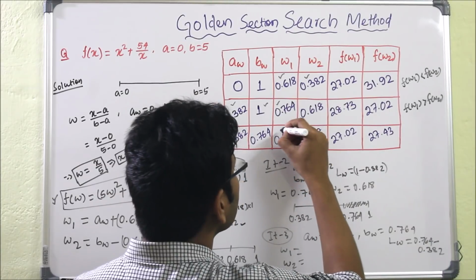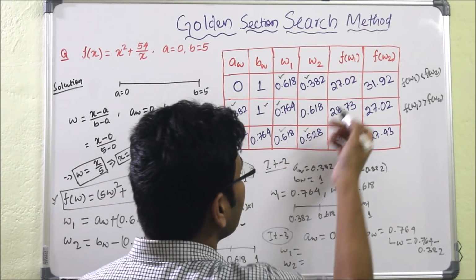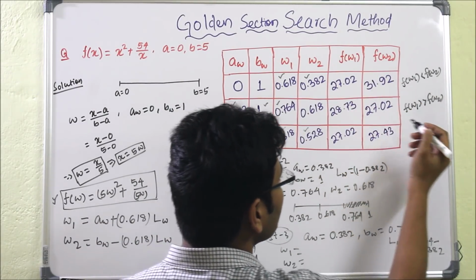So w1 is 0.618 and w2 is 0.528, and we see that f of w1 is 27.02, which is less than f of w2.